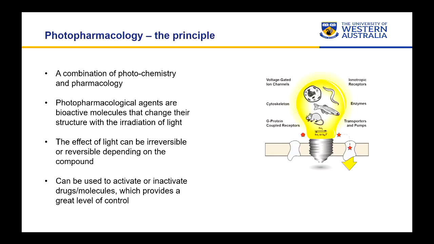And light is really great because we can obviously turn light on and off, so we can control these things in time. The compounds we're turning on and off, depending on how we use them, can be both irreversible or reversible, so we have very tight control on that. And we can use light to either activate or inactivate drugs and molecules, right? So we have this really wide level of control, provided we can get light in there.